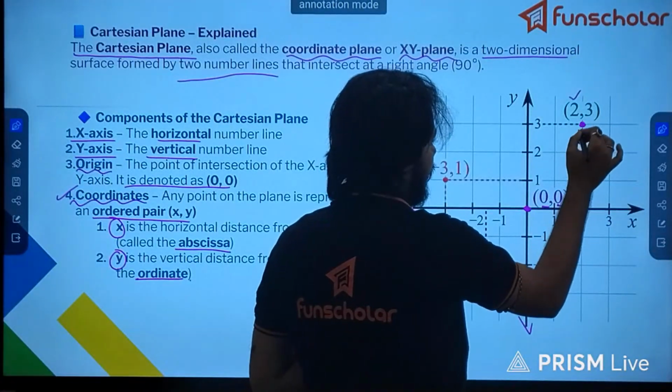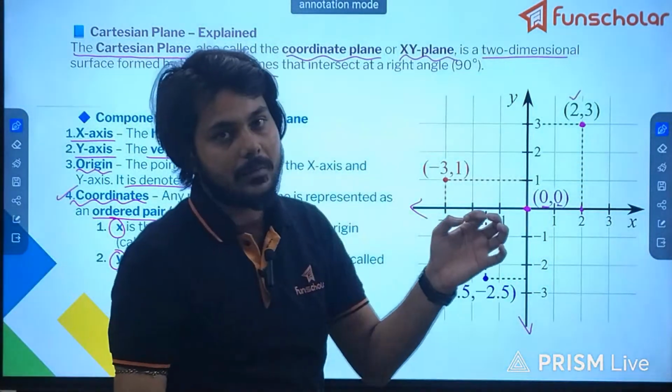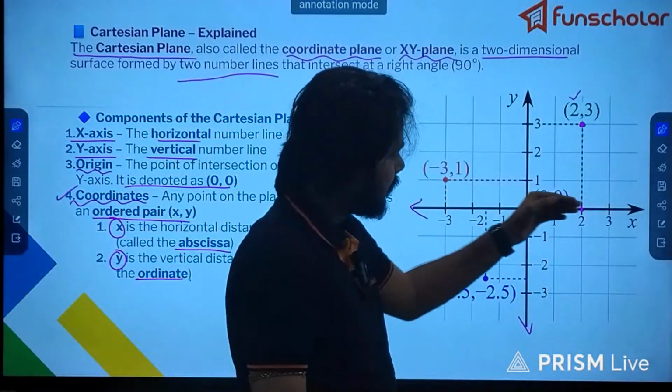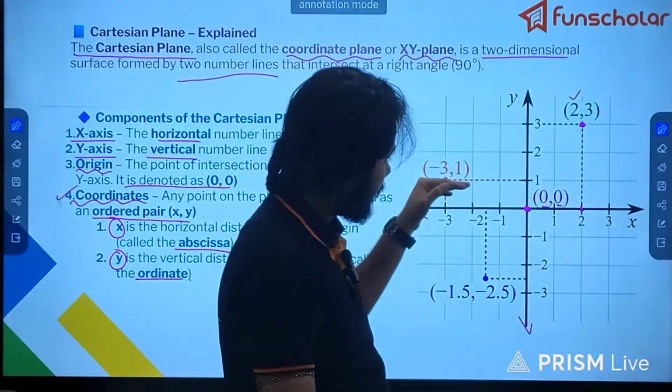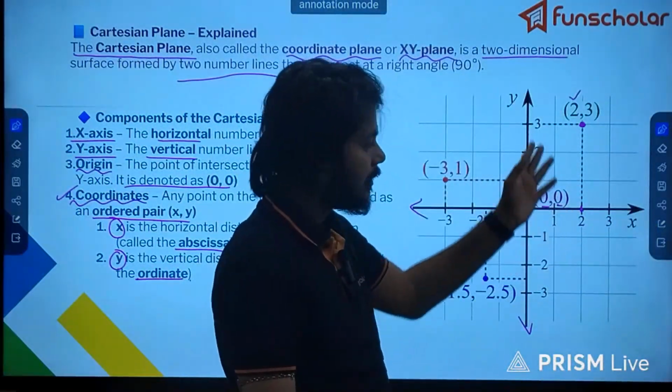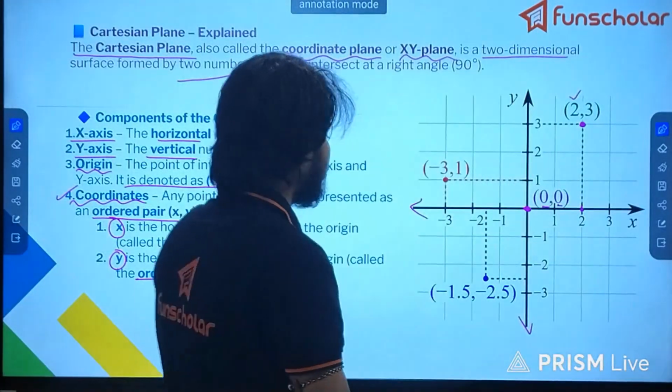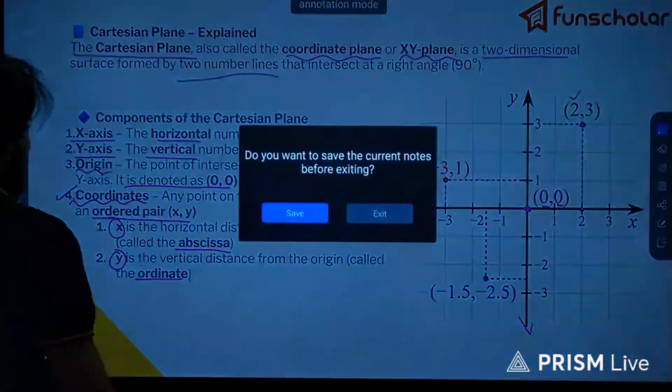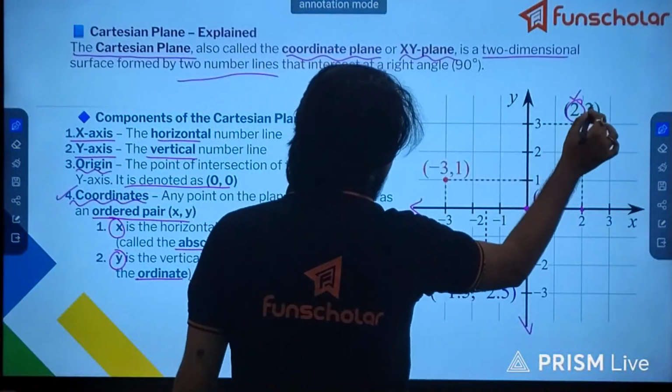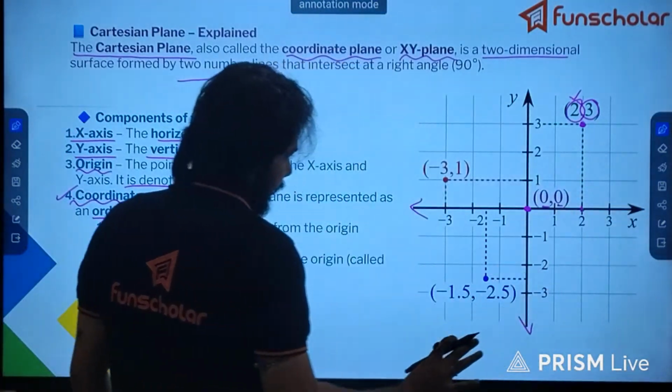So the coordinate of this point will be (2, 3). First always follow the x-axis, then the y-axis: (2, 3). Here 2 is the abscissa and 3 is the ordinate.